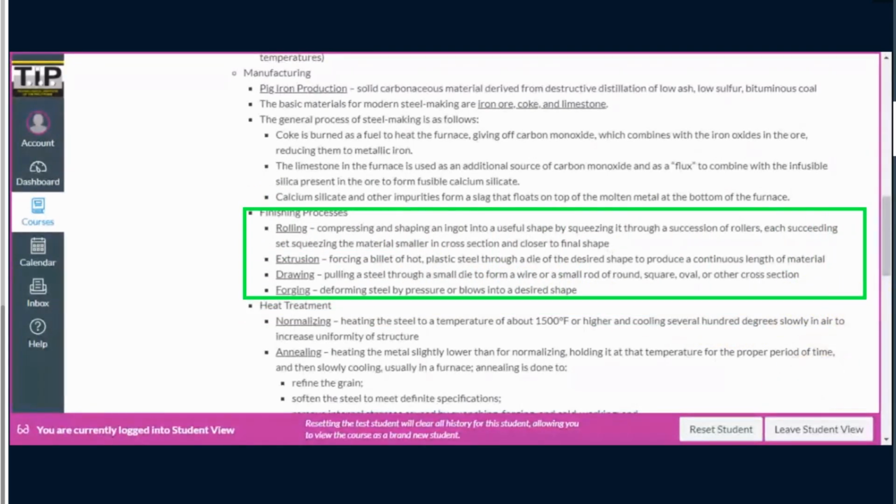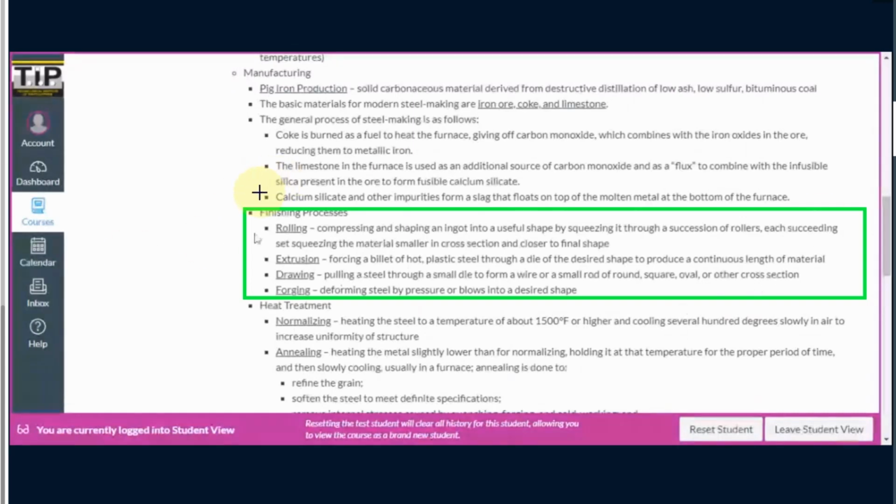Okay. Next, we have extrusion, forcing a billet of hot plastic steel through a die of the desired shape to produce a continuous length of material. So you have some sort of a mold. So next, drawing, pulling a steel through a small die to form a wire or a small rod of round, square, oval, or other cross section.